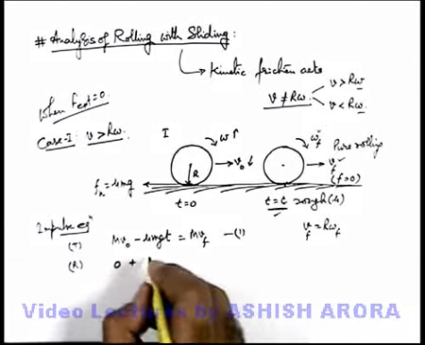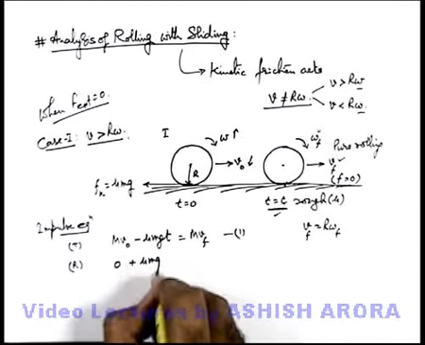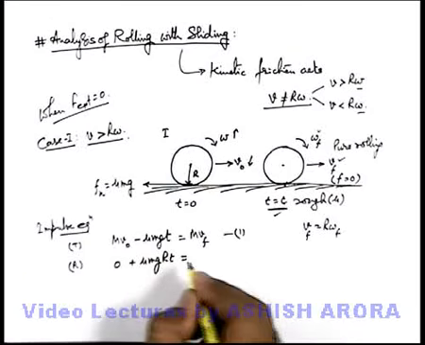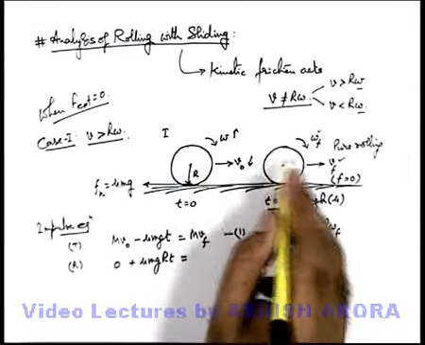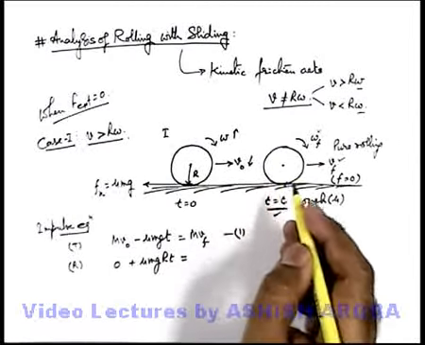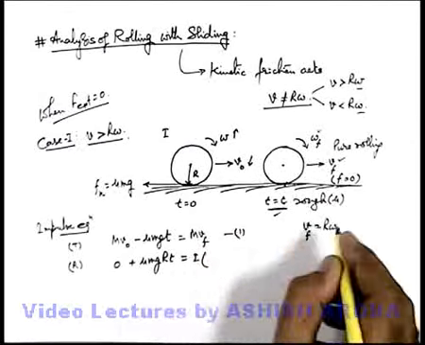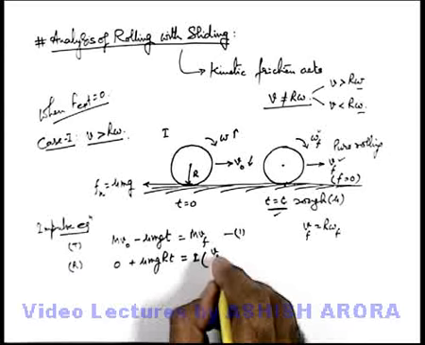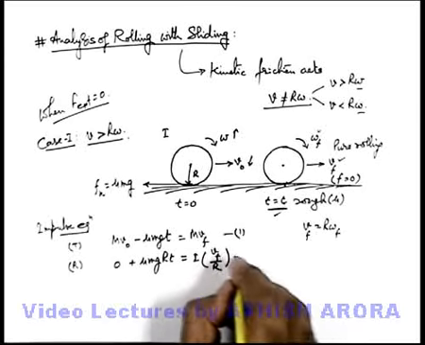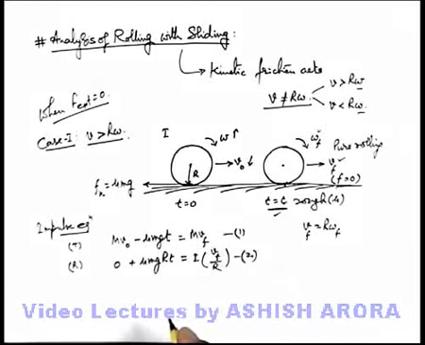So we can add the angular impulse, which is mu mg r into t, which is equal to the final angular momentum of the body about the center, which can be written as I omega f, and omega f, as it is pure rolling, we can write as Vf by R, which is our equation number 2.